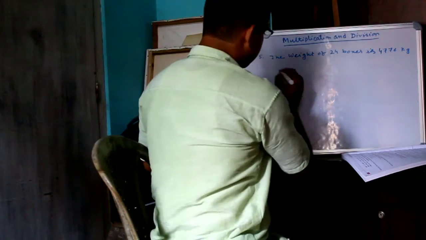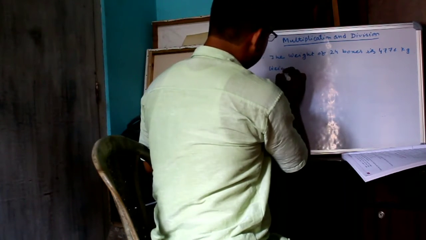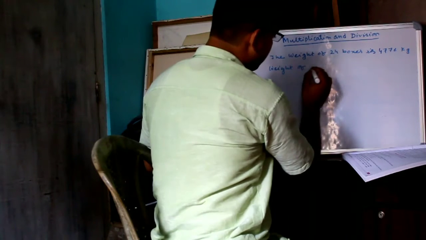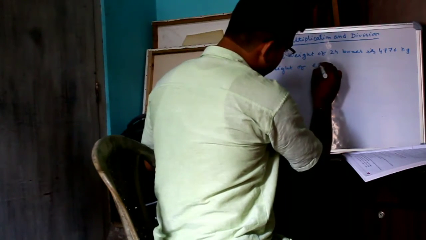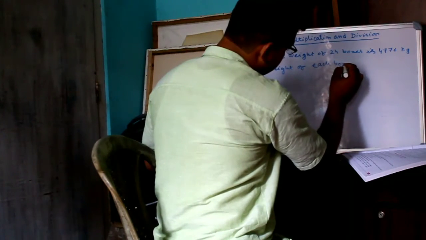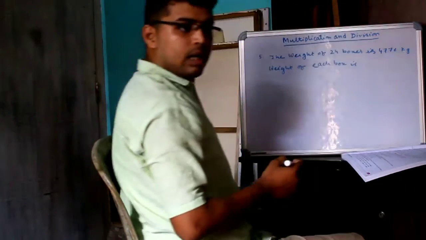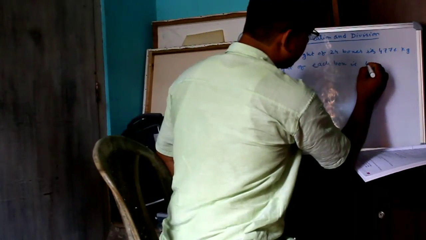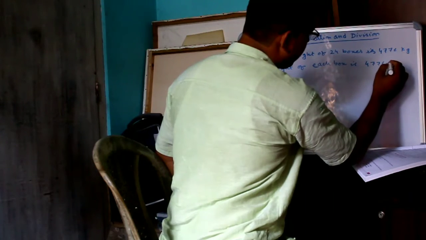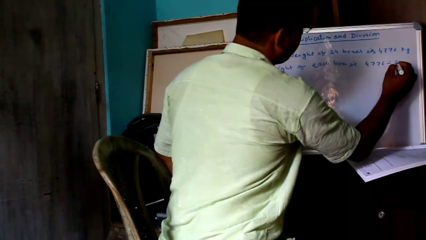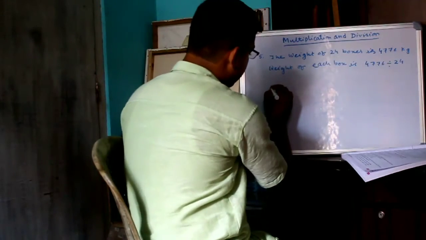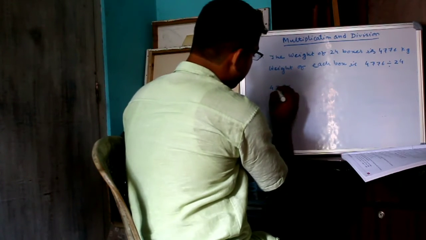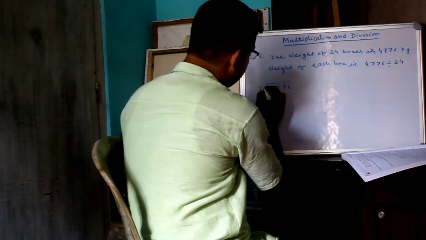Weight of each box. Each means one box. What will come? Divide. 4,776 divided by 24.